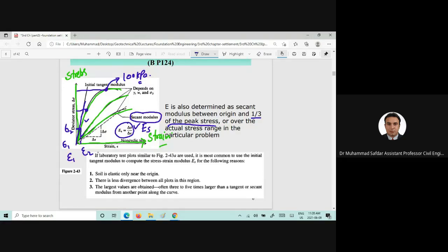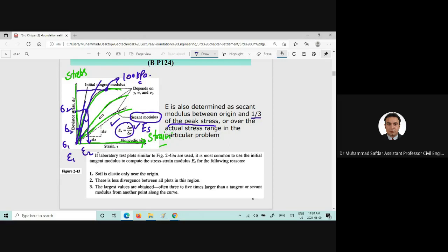And at this particular point, if we draw a line here, we can again get the epsilon 2, and epsilon 1 would be equal to 0, and sigma 2 and sigma 1 would be equal to 0. And using this equation, we can find out the secant modulus at 1/3 of the peak stress.